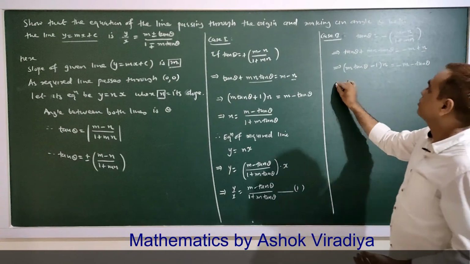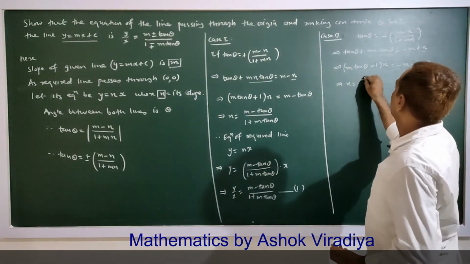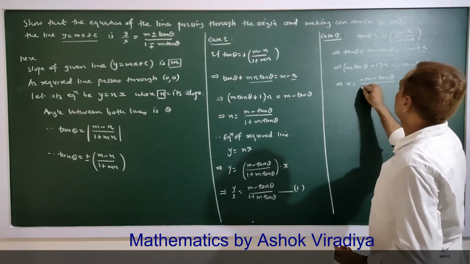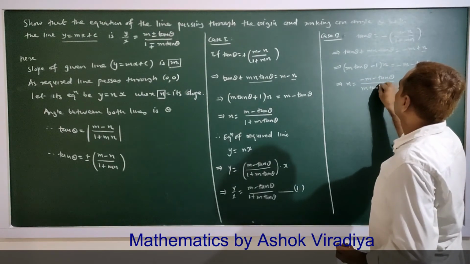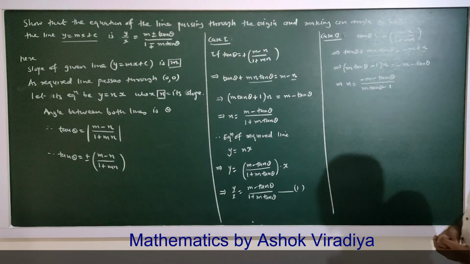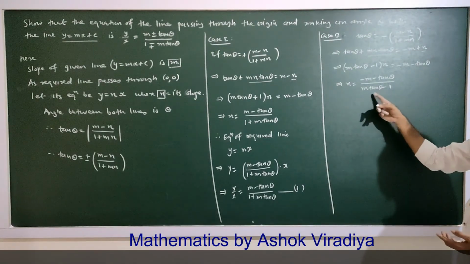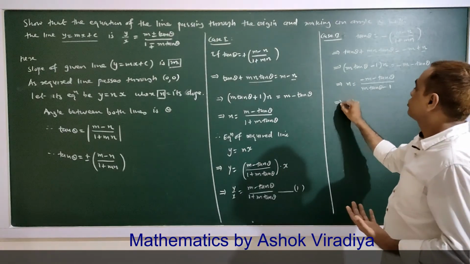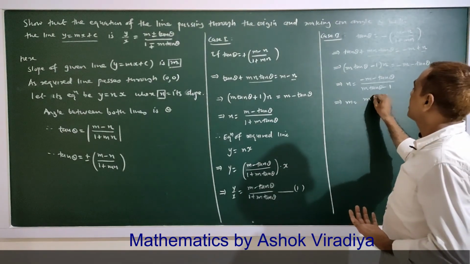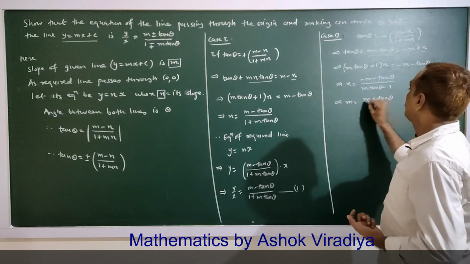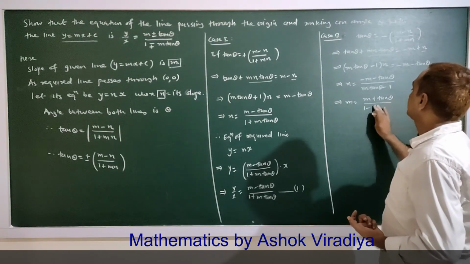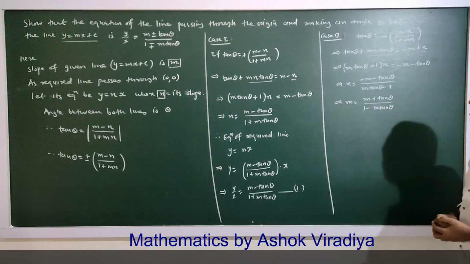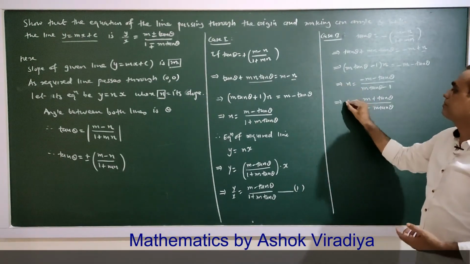So n is equal to minus m minus tan theta upon m tan theta minus 1. Now here I am changing sign in numerator as well as denominator. So n is equal to m plus tan theta upon 1 minus m tan theta. This is value of n.